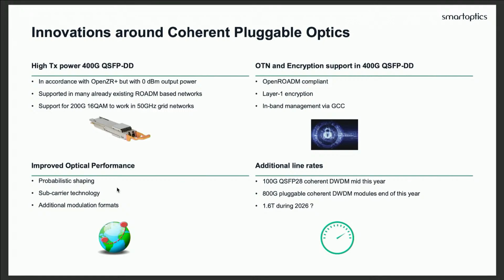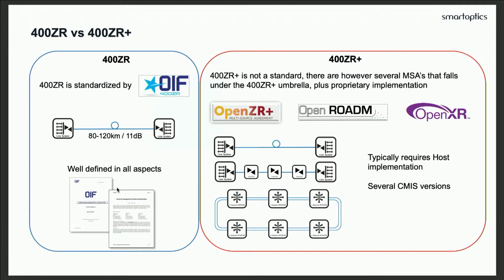So, innovations around coherent pluggable optics that are just happening right now. The first two generations of optics, so coming back to 400 ZR and ZR Plus, had a little drawback, which was the low output power. So they were good in amplified point-to-point networks or in networks that were designed to support these optics.